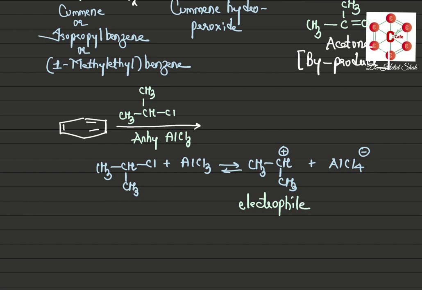And now this electrophile gets onto that ring and you get cumene, right? CH, CH3 and CH3. This is one way of getting cumene.